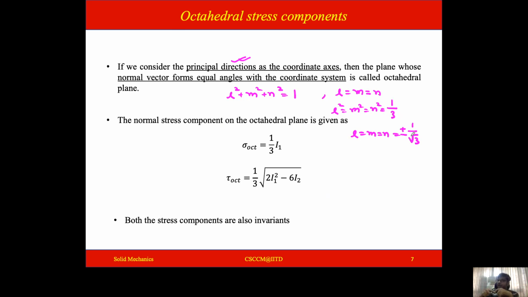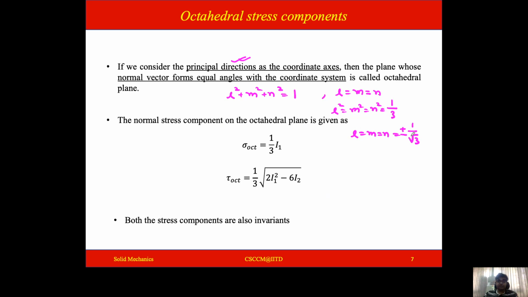Often people make this mistake, and they think that octahedral stress is always when L equal to m equal to n equal to 1 by root 3. No, this is always with respect to the principal direction. If it is with respect to some other direction, that is not octahedral state of stress by definition. Okay.